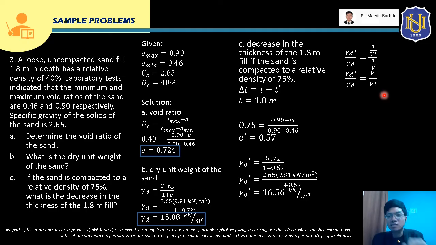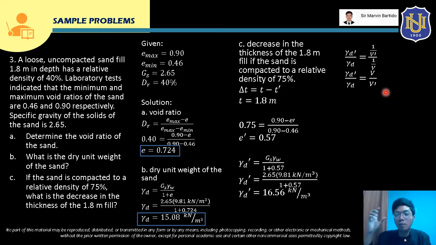Okay. So, class, from here, kapag sinimplify natin to, ang mangyayari, yung V natin na to, mapupunta siya sa ibabaw. Okay. And then, yung V prime natin, which is ito yung corresponding volume for this gamma dry na bago. No? So, eto na class yung magiging relationship natin. And take note class na kapag volume yung pinag-uusapan, syempre habang lumalaki yung volume, no, yung thickness, lumalaki din.